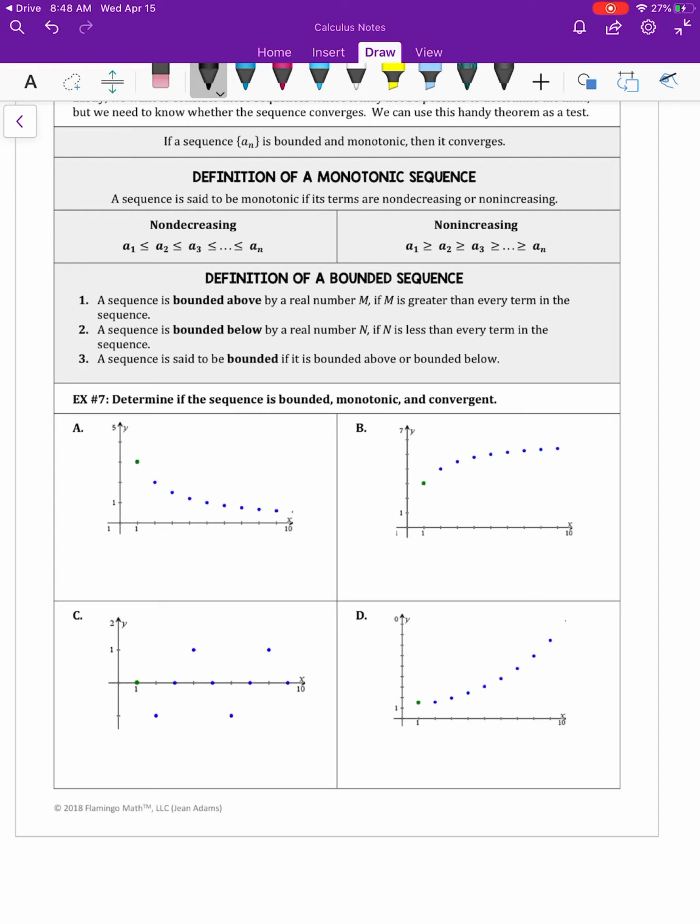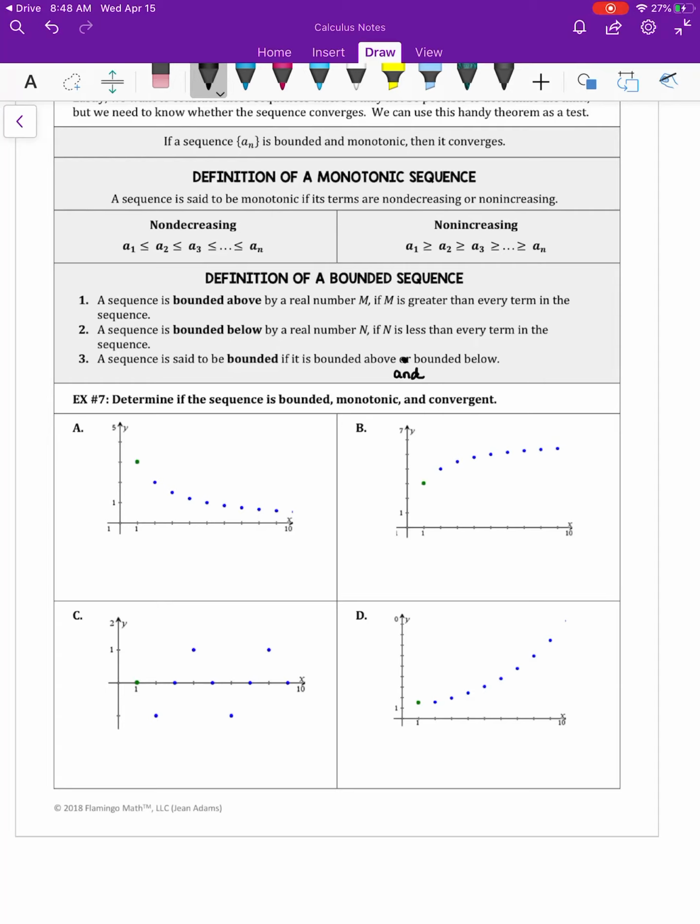Okay, and they've got non-decreasing, non-increasing. Basically, they're using those y values as, if this one is less than the next one is less than the next one, so that would be non-decreasing. This one is greater than this one, and that one's greater than that one, and that one's greater than that one. So non-increasing is like decreasing, and non-decreasing is like increasing.